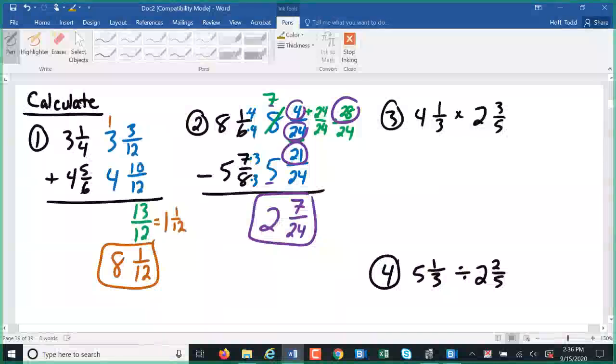Number 3, when we multiply or divide, we do not need the same name. So that means we do not need a common denominator.